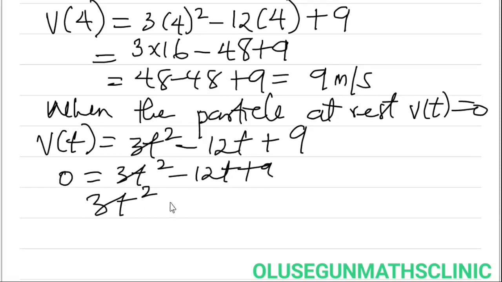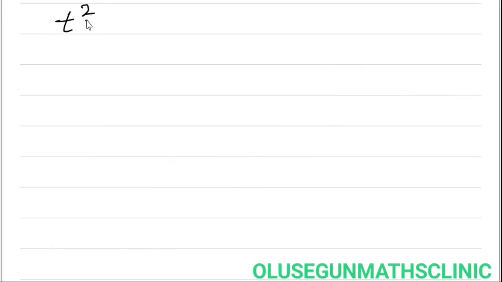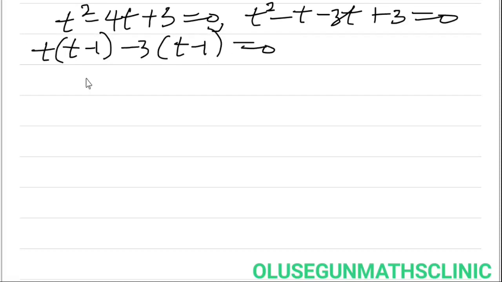Write it in quadratic form, and reduce by 3: t squared minus 4t plus 3 equals 0. What are the two numbers? This can be written as t squared minus t minus 3t plus 3 equals 0. t is common, and minus 3 is common: t(t minus 1) minus 3(t minus 1) equals 0. So (t minus 3)(t minus 1) equals 0.